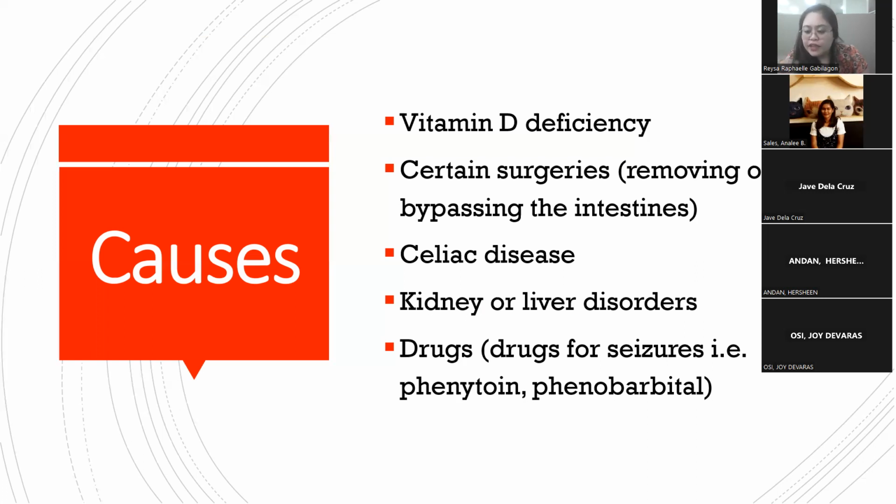So like yung vitamin D nila and then yung calcium nila in their body or galing sa food nila, hindi nila basta-bastang na-absorb. So hindi din nila nagagamit. Okay? So kaya kasali yung certain na surgeries dyan sa causes sa rickets sa bata.